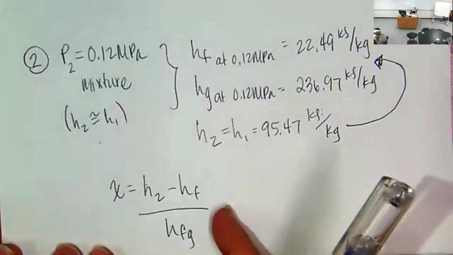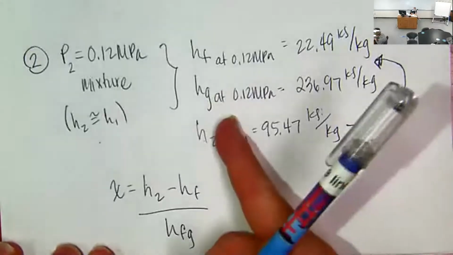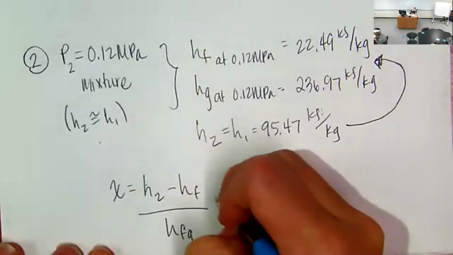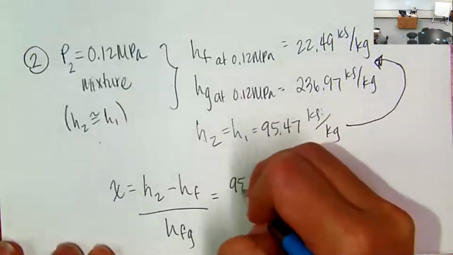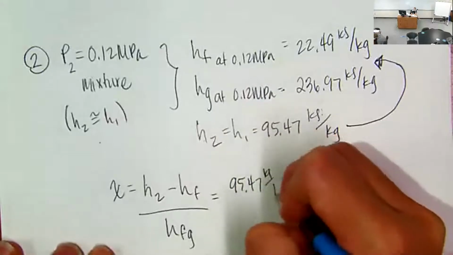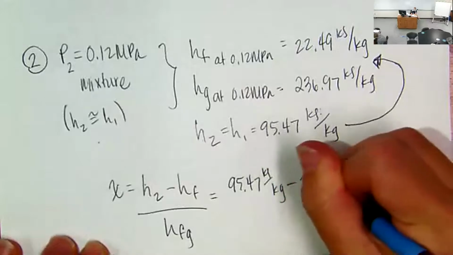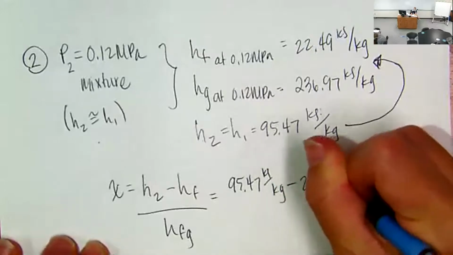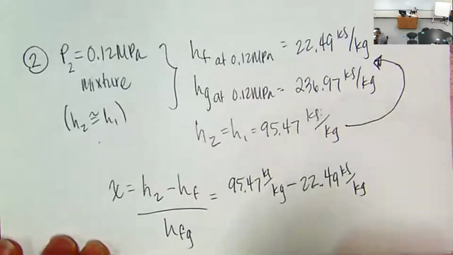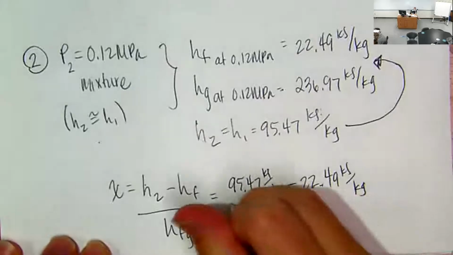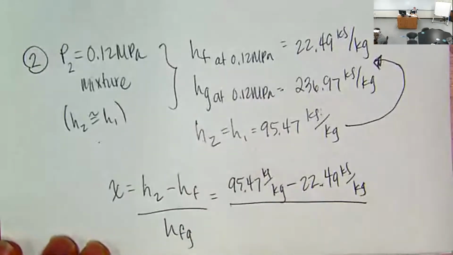So I have everything that I need to solve for quality now, right? I have all of these values that I need. So this is 95.47 kilojoules per kilogram minus 22.49 kilojoules per kilogram, divided by the difference between my saturated vapor and my saturated liquid.